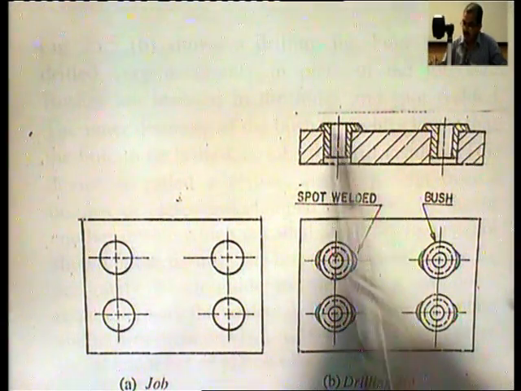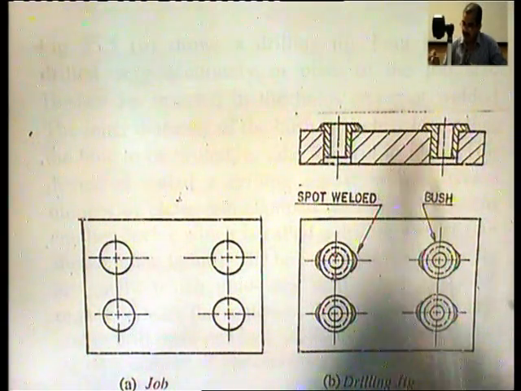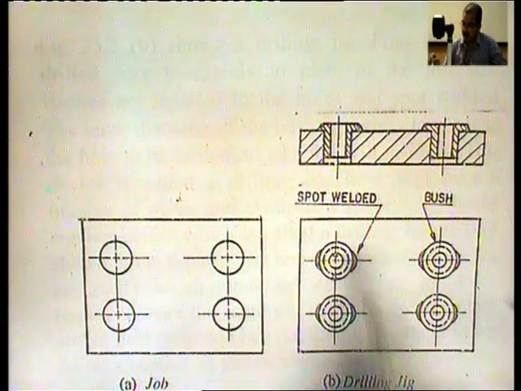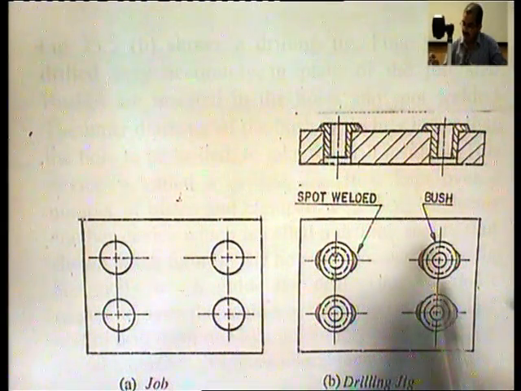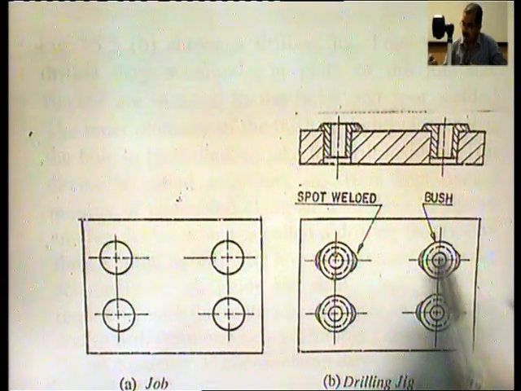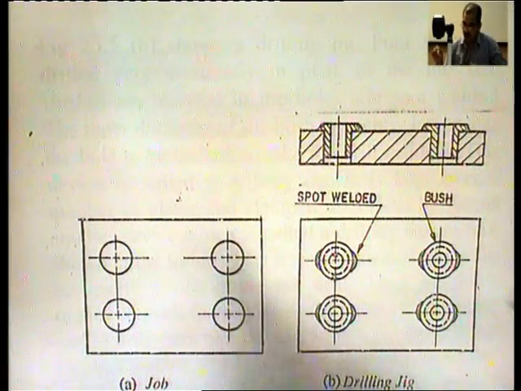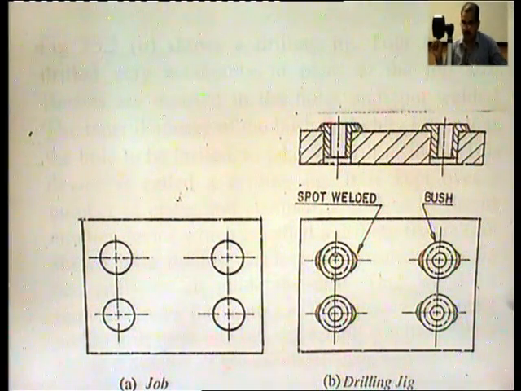Then 4 holes are drilled in this jig and bushes are fitted. The inside diameter of the bush is slightly larger than the hole we require in the workpiece.